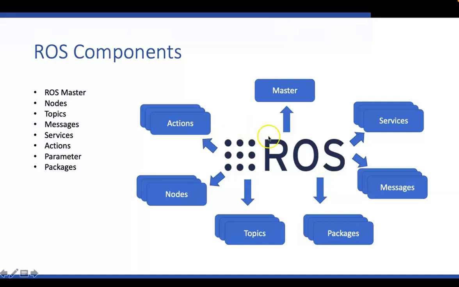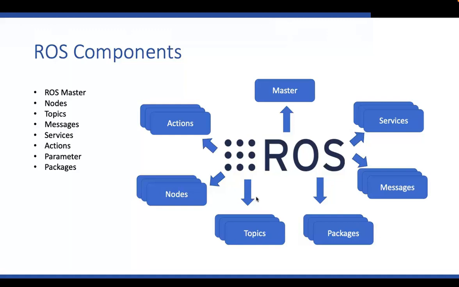And topics are like this: let's say you have a robot and it has a velocity parameter, it's moving with some velocity. You have a robot A and a robot B. Then we create a velocity topic for robot A and a velocity topic for robot B. Then you have two different topics, and one of my nodes will process this velocity to estimate where it will be at the next position or what it should do.